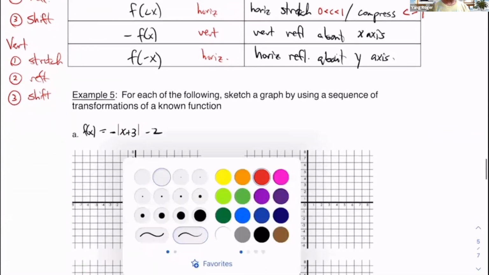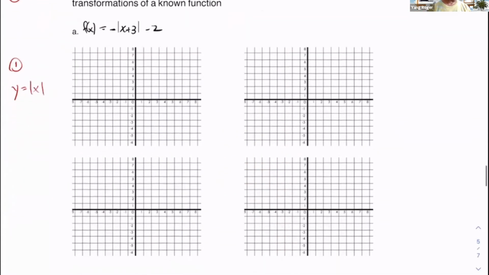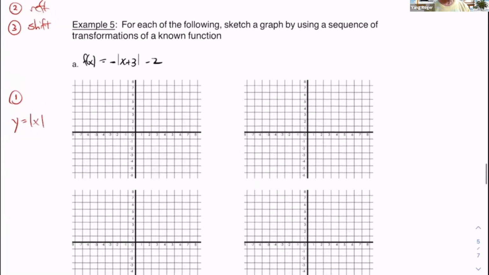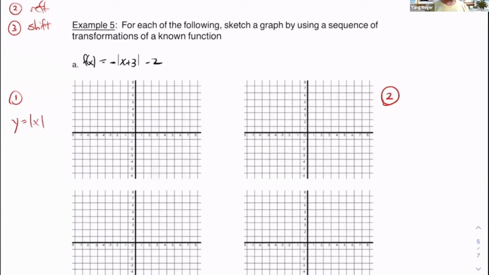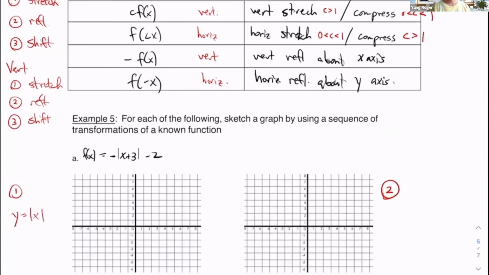So the first thing I notice is that my basic graph is y equals absolute value of x, and I'm going to use a sequence of transformations to graph it. If we're doing horizontal things first, there's only one horizontal action because there's only one thing inside the absolute value. So what do you think that first transformation is going to be?